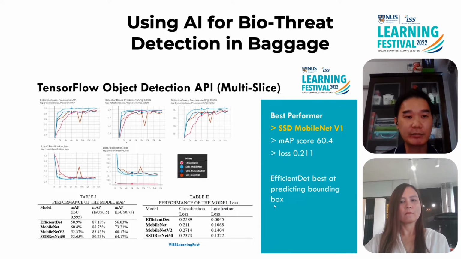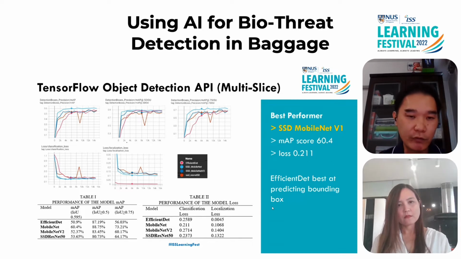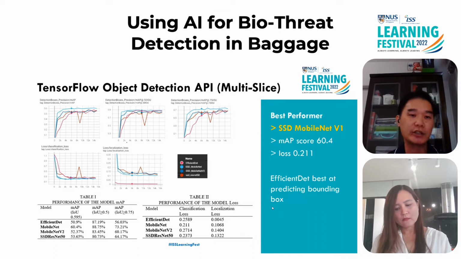Okay, so here are the training results that we have. As mentioned earlier, we use the mean average precision, which is the same performance metric used on the COCO dataset, which is also used to pre-train the models. We have evaluated four models, the SSD MobileNet version 1 and version 2, as well as the SSD ResNet 50.